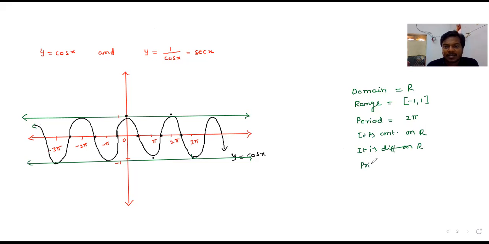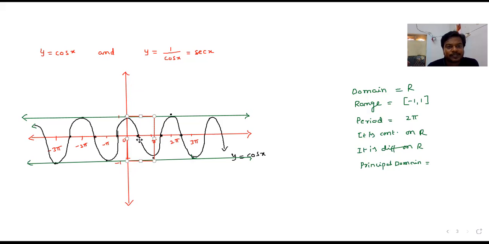Next, I'm going to write principal domain. What is the principal domain of this function? Observe where the graph is bijective. See here, this is the region in which the function is strictly decreasing, right?